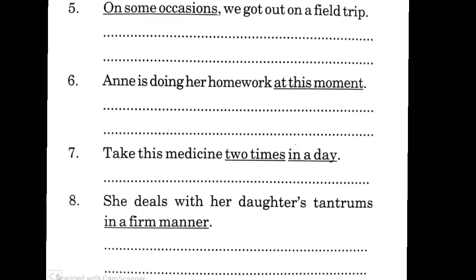Fifth, on some occasions we got out on a field trip. It will become occasionally we got out on a field trip. Sixth, Anne is doing her homework at this moment. Answer, Anne is doing her homework presently.